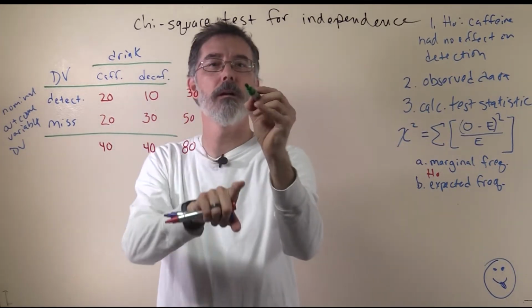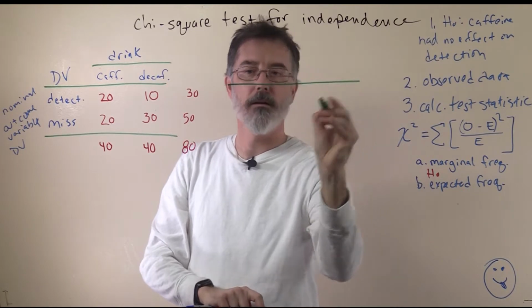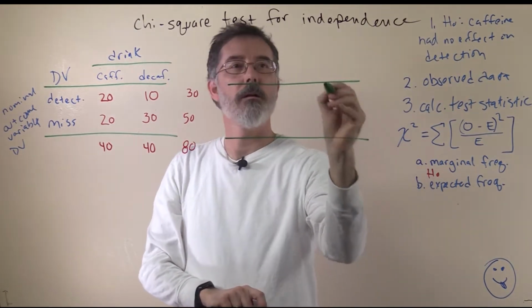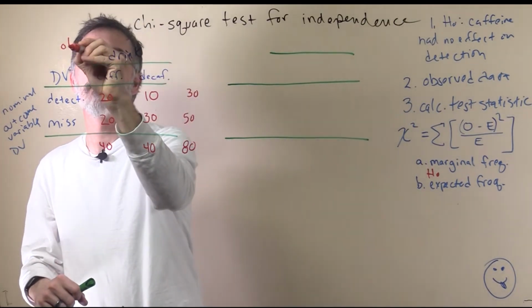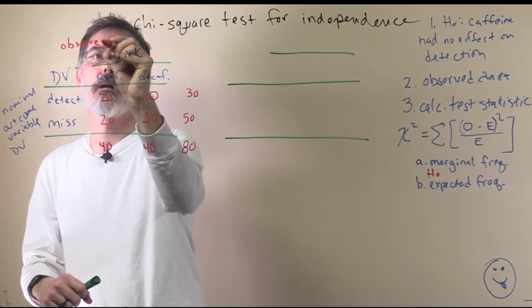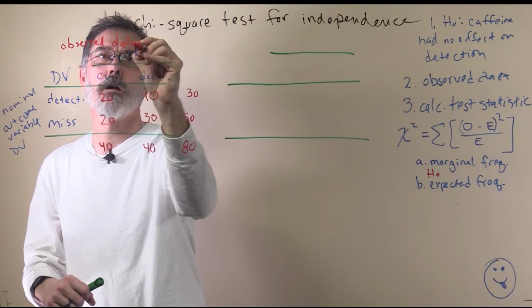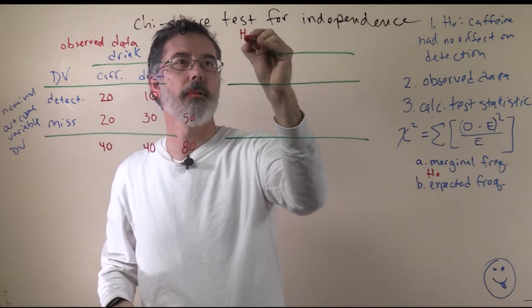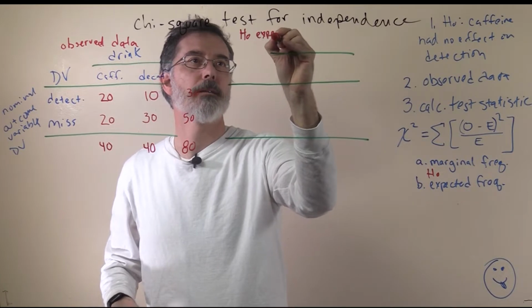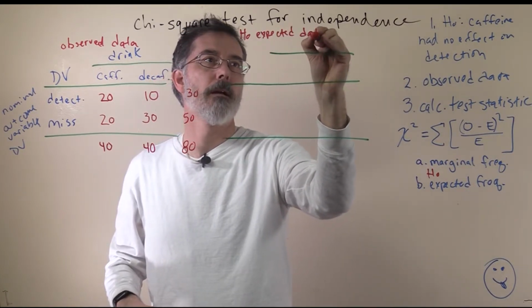over here. And we'll call this our observed data. And this will be our null hypothesis expected data.